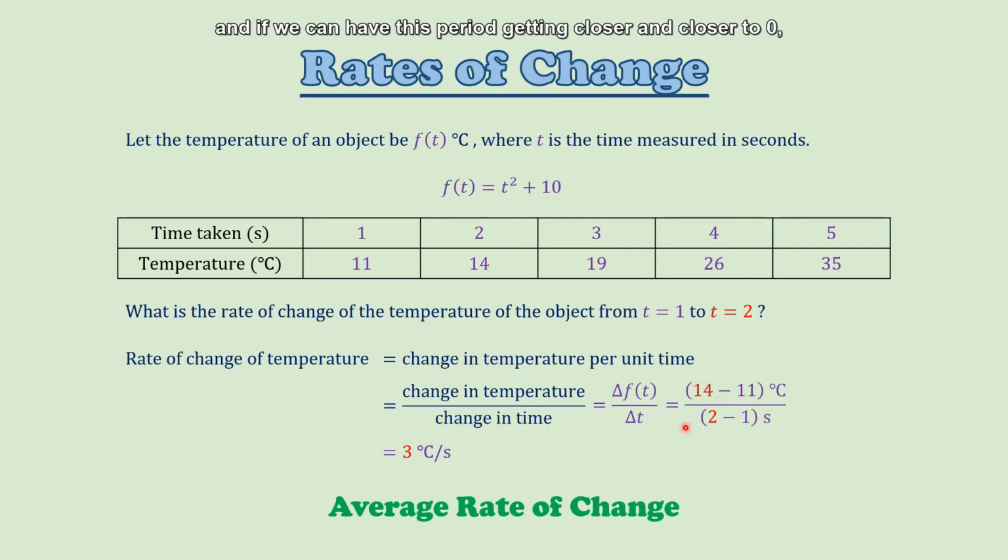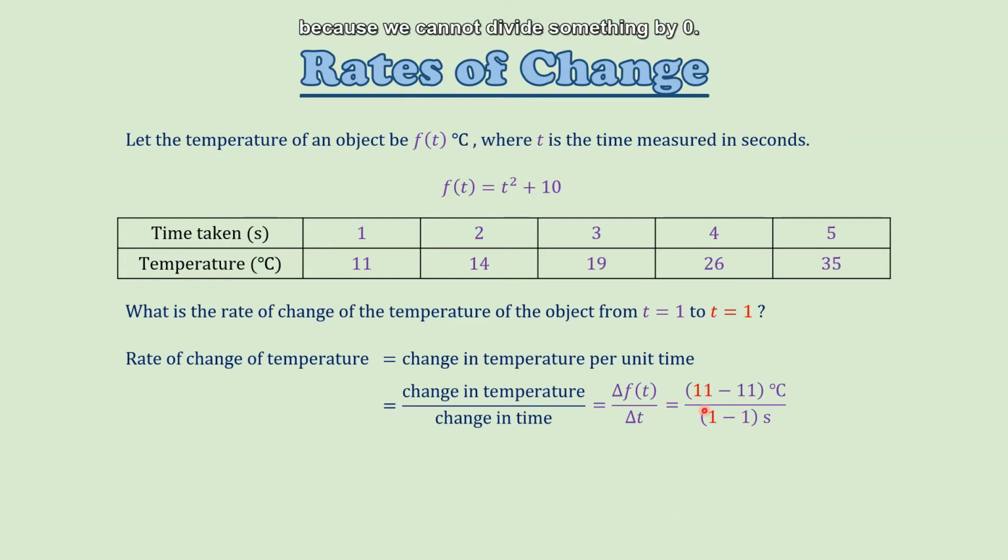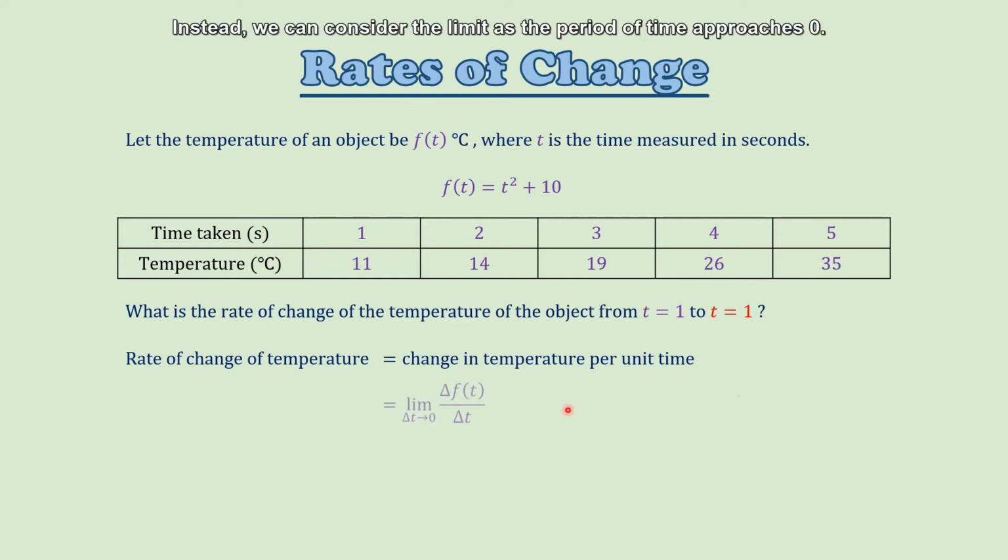And if we can have this period getting closer and closer to 0, then we are getting the rate of change at that particular instant. On the other hand, we know that we cannot consider the rate from 1 to 1 because we cannot divide something by 0. Instead, we can consider the limit as the period of time approaches 0.